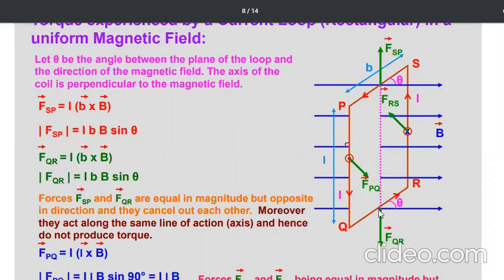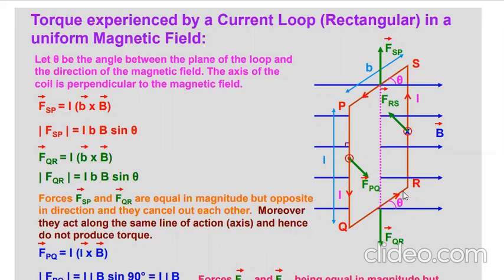Similarly, apply Fleming's left hand rule on this part of the wire, with your forefinger pointed in this direction and your middle finger pointed in this direction. You will see that the force QR acting on this arm will be in this direction.